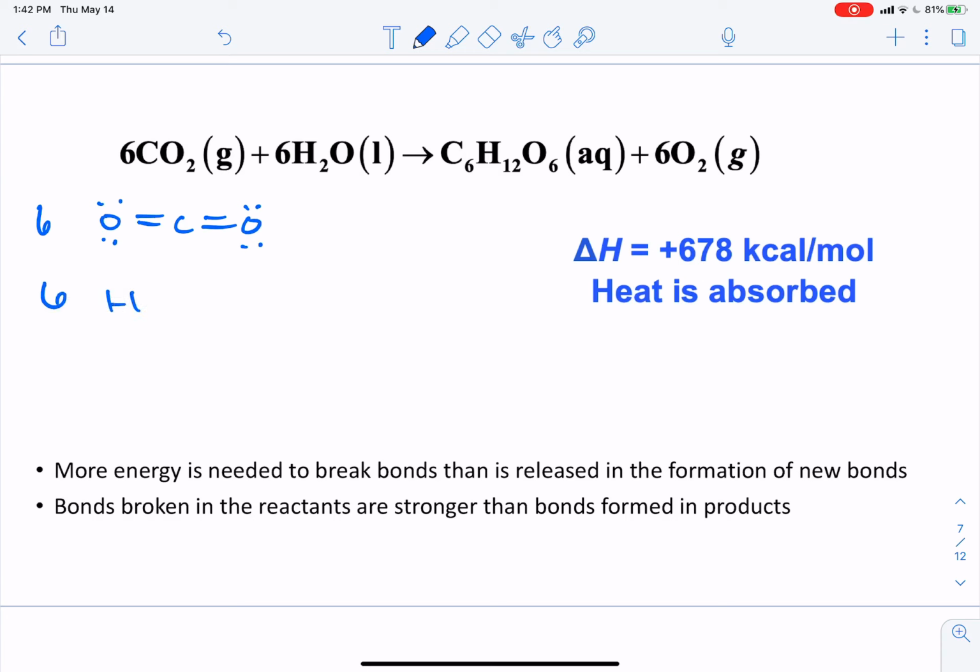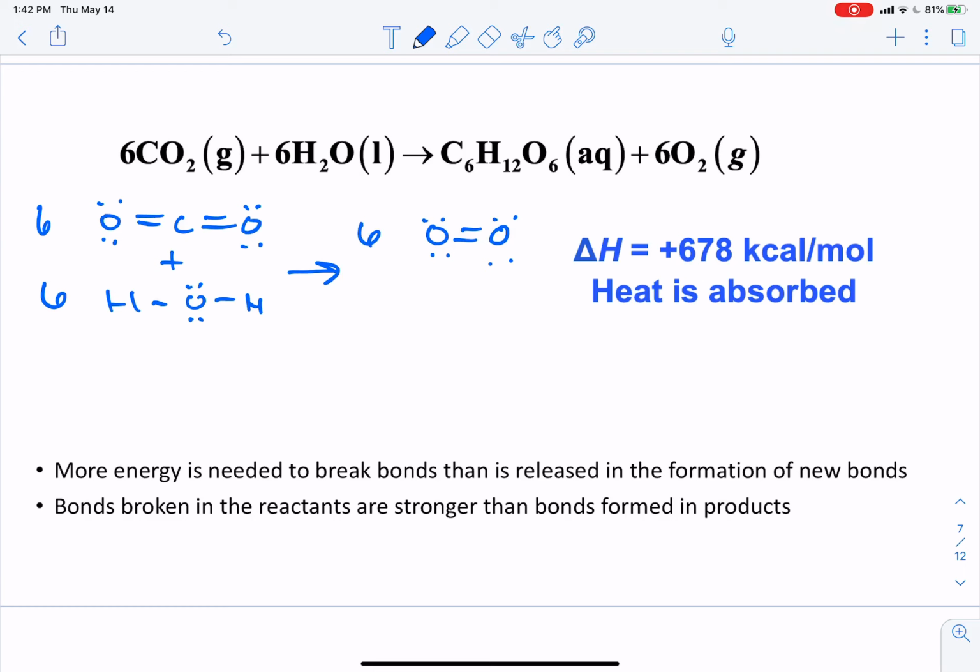And we have 6 oxygen molecules. So we've got 12 hydrogen oxygen single bonds to break. And what we're going to make is 6 oxygen molecules. So we make 6 oxygen-oxygen double bonds.